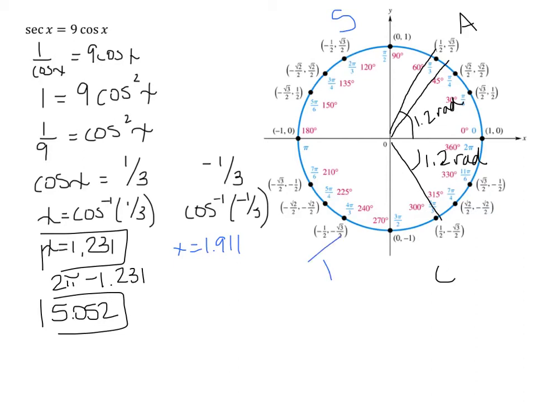So 1.911 has to be here, which means that I'm looking here. In order to get this value, I'm going to take 2 pi minus this. There it is. And I will get 4.373.